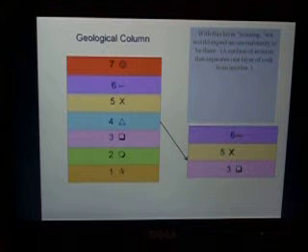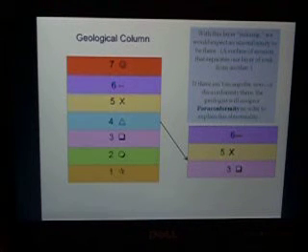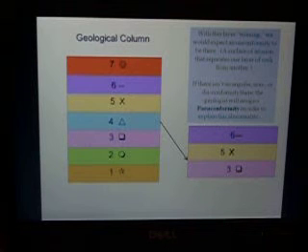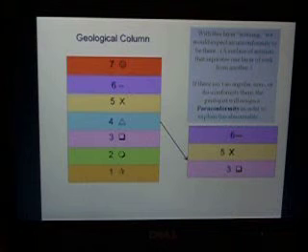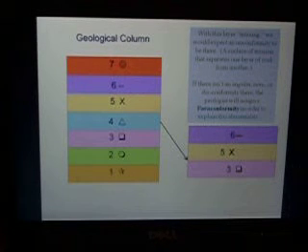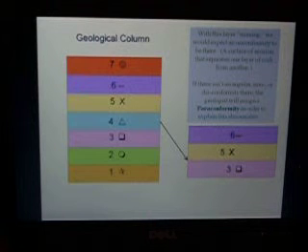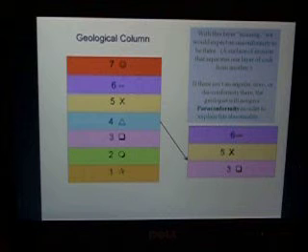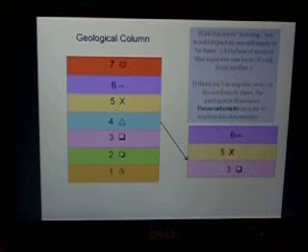So we would expect to see an unconformity there. But if there isn't any evidence of an angular unconformity or a non or a disconformity, if it's not there, then in order to make this fit the geological column, the geologist will assign a paraconformity in order to explain this abnormality.